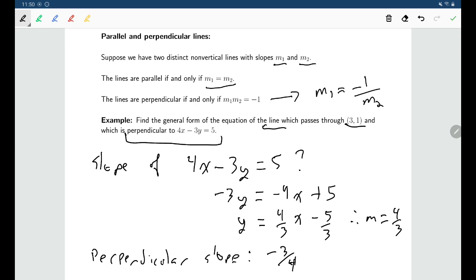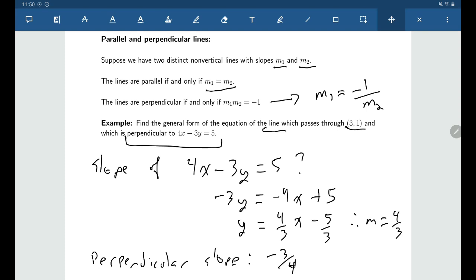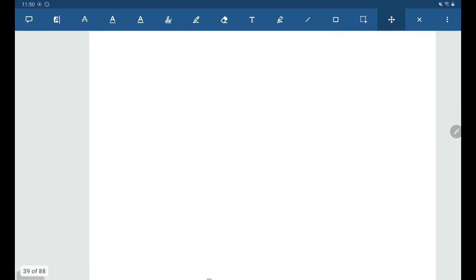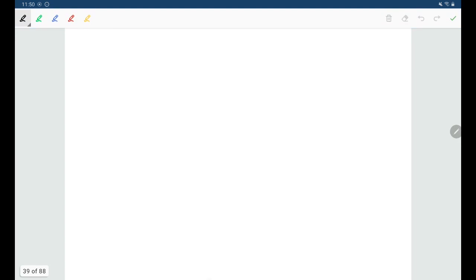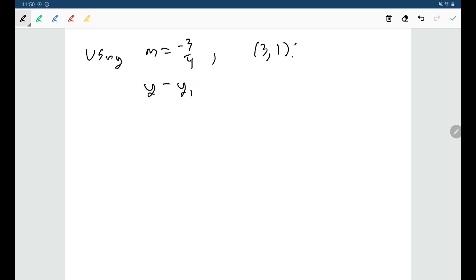So now the only thing left for me to do is to take that perpendicular slope of -3/4 and take that point (3, 1) and create the equation of my line. So I will say, using our slope of -3/4 and our point (3, 1), y minus the y coordinate equals slope times x minus the x coordinate.